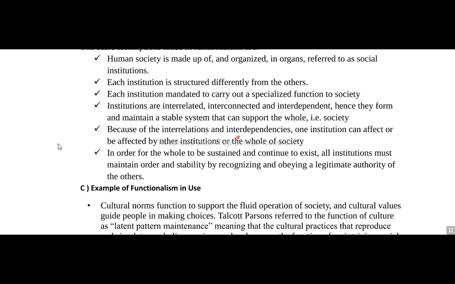What will happen? People will not have faith in the doctors in the society. So when one institution is affected, it will affect others. When one institution has a problem, other institutions will be affected because it will carry from one area to another.